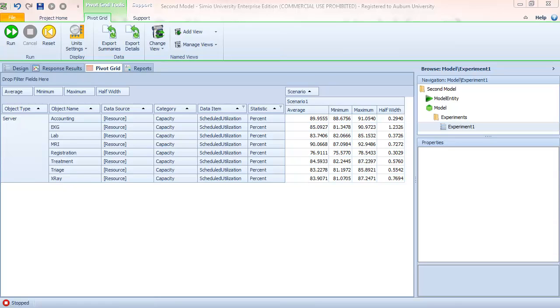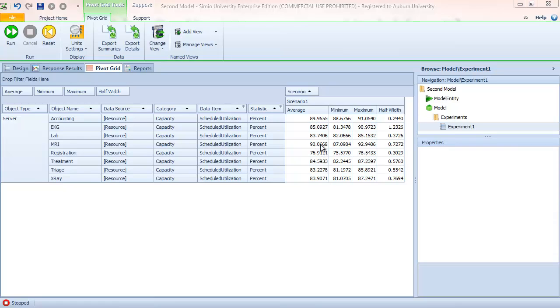So there are two of these that, at least from my read, seem to be a little bit far off, and those were, let's see, I've forgotten which ones they were. So it wasn't accounting. It was EKG, which we expected to be 83.3 and is 85.5. And registration, which we expected to be, no, registration is fine.